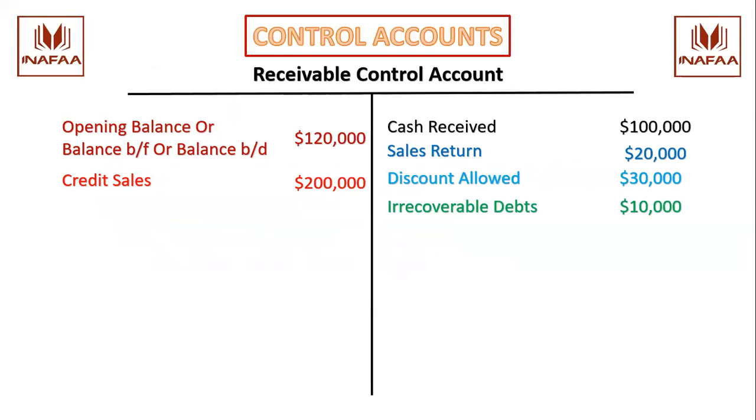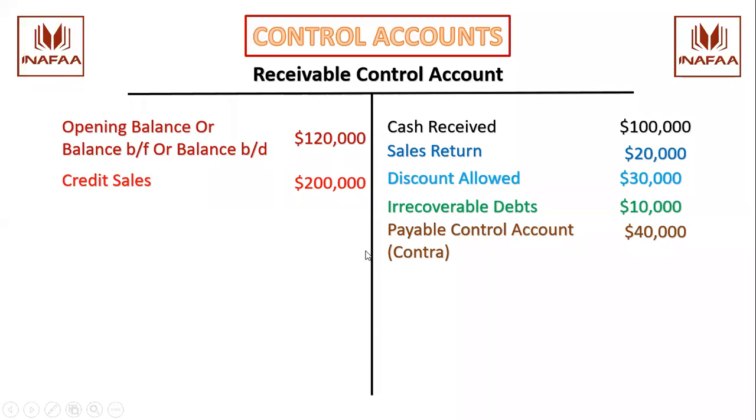I will record 40,000, reference being the payable control account, or you can write the word contra only. Whenever there is an amount on the credit side of the receivable and the reference is written contra, consider this entry as also to be written in the payable control account. So you will find this entry on the debit side of the payable control account as well.